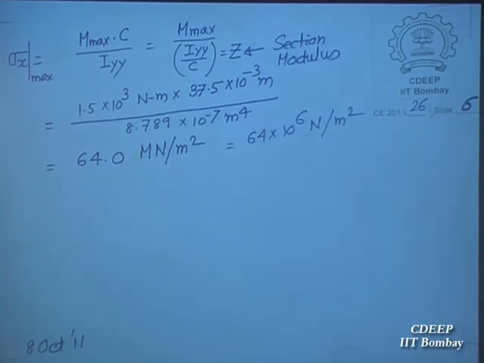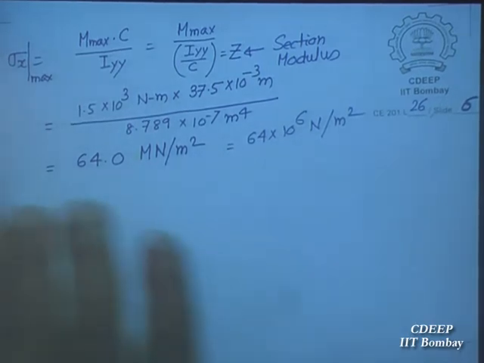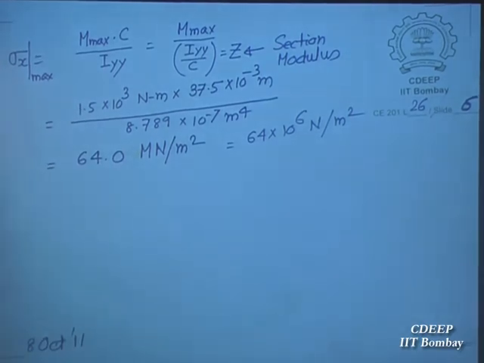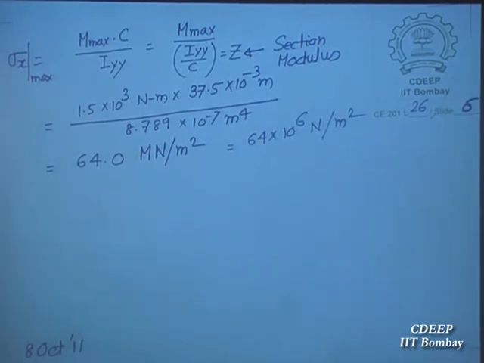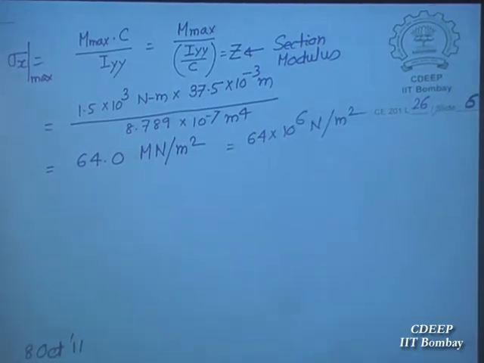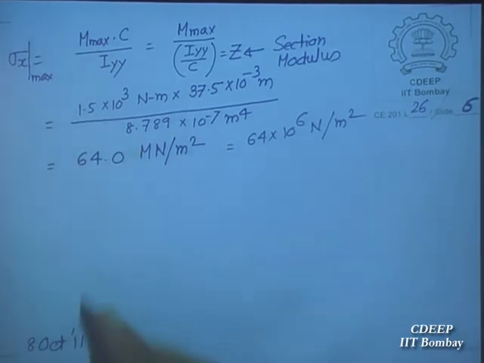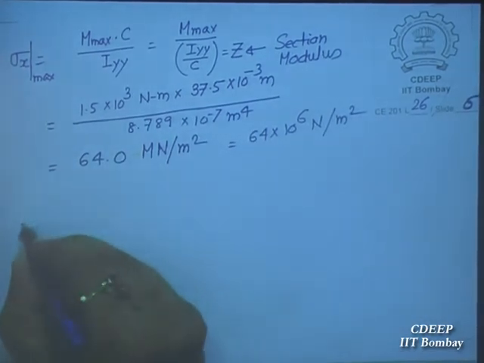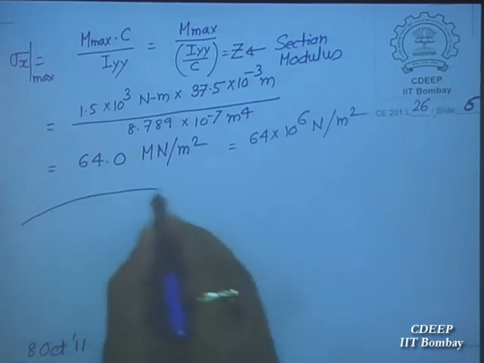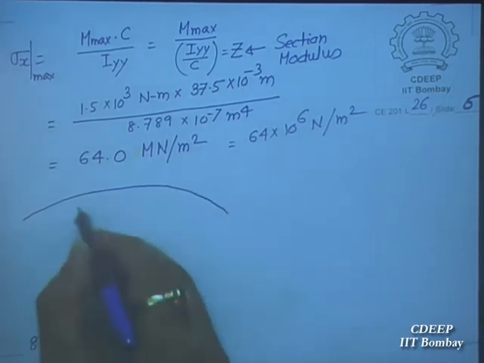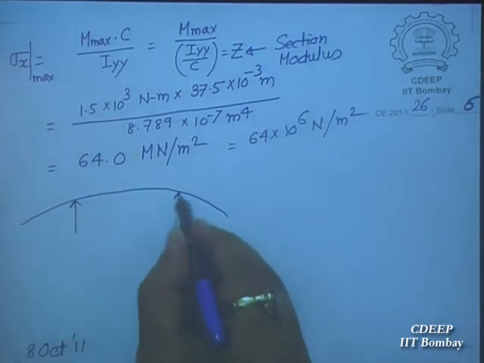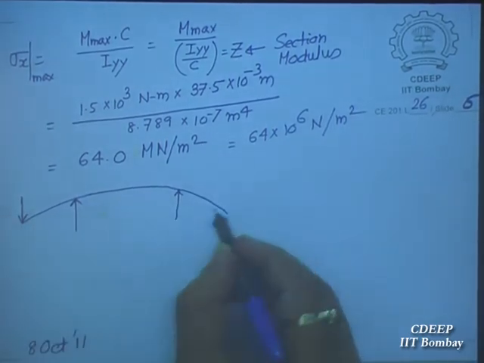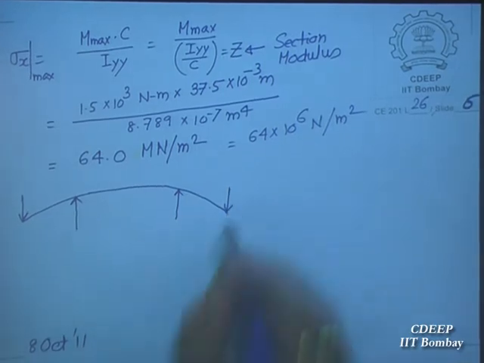Now supposing I want to find out the radius to which the beam has bent. There are two loads applied, and the beam must have lifted like this, very exaggerated: here is the support and here is the support, and this is the load and this is the load. So it is bent.